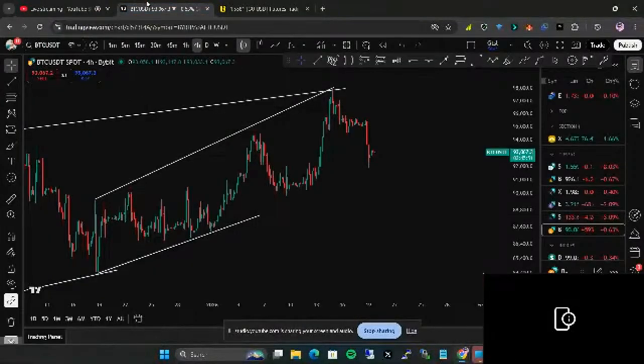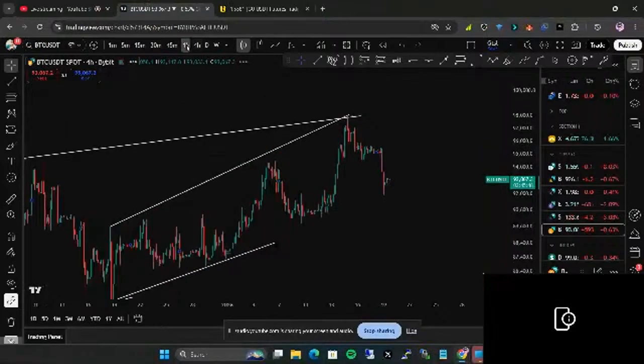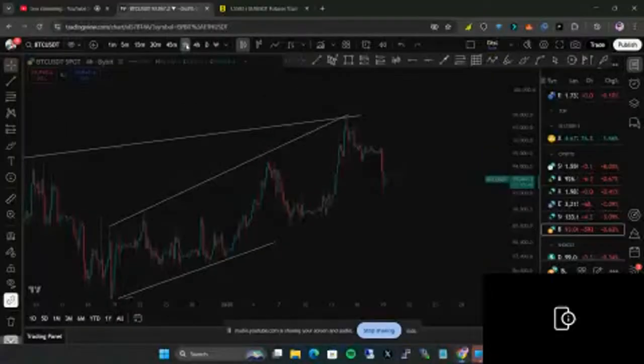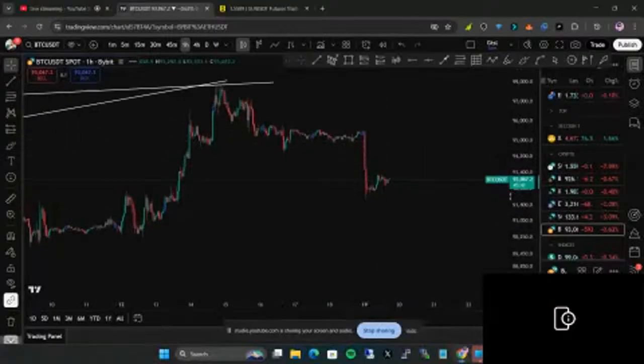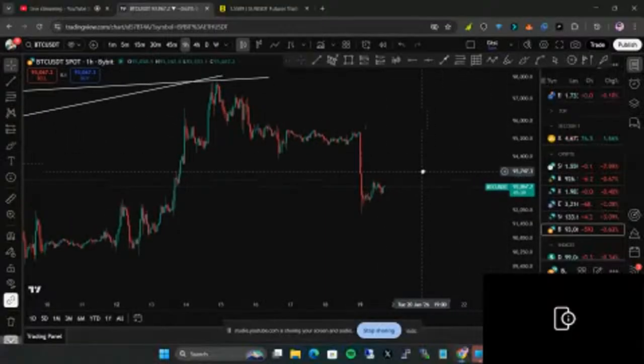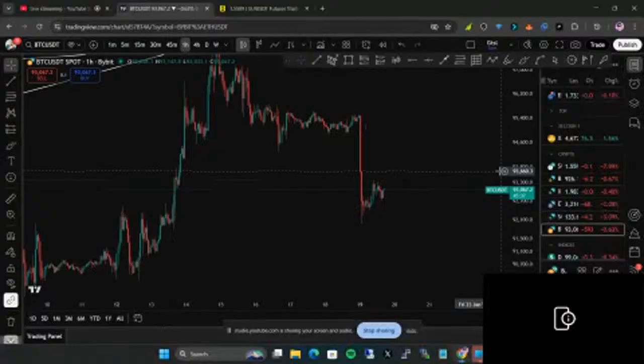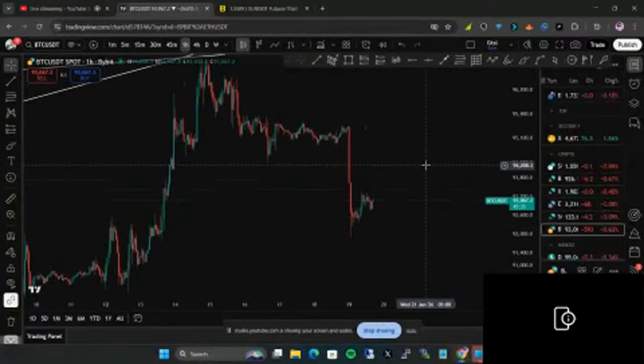So let's check the possible opportunities together while I will be switching my time frame to the 1 hour time frame. I've always been saying, I use my 1 hour time frame, 4 hours time frame, and also my 15 minutes time frame for my entering time.